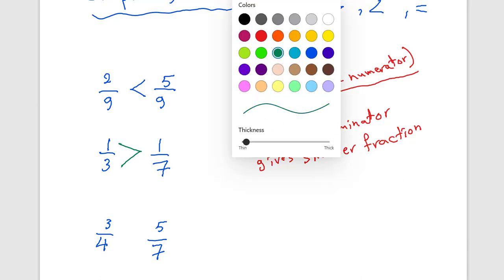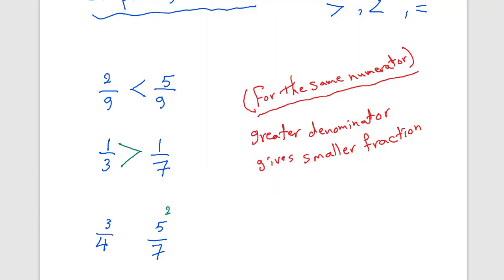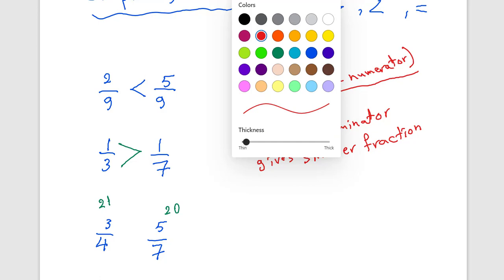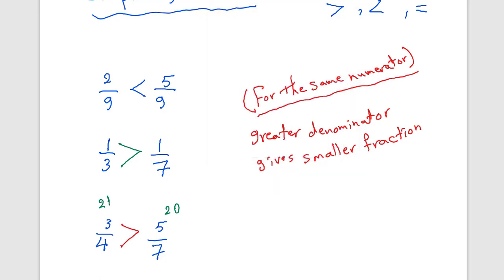We multiply the 4 by 5, it gives 20, and multiply the 7 by the 3, it gives 21. Again, multiply the denominator by the other numerator. So in this case, 21 is greater, and we can say that 3/4 is greater than 5/7.